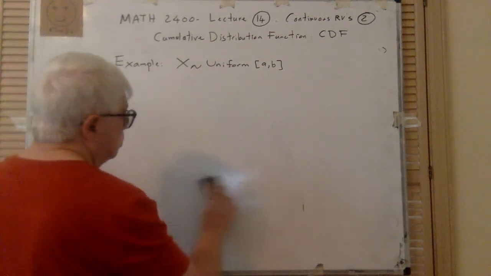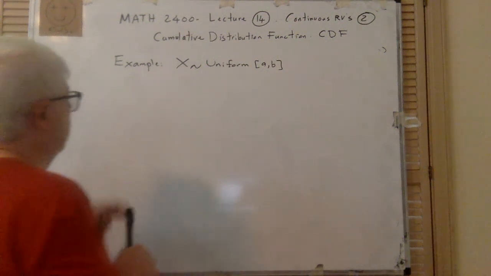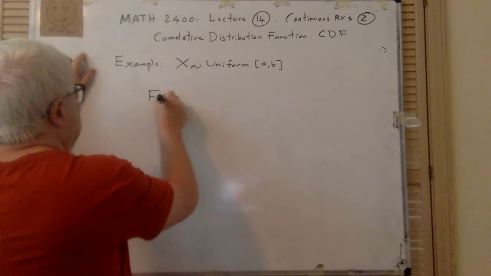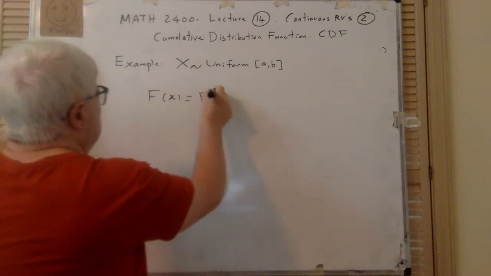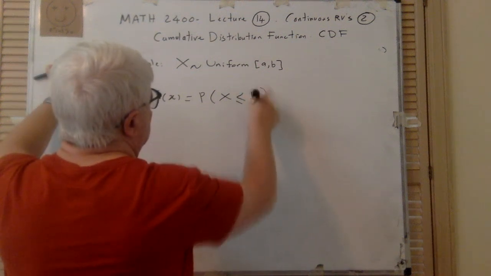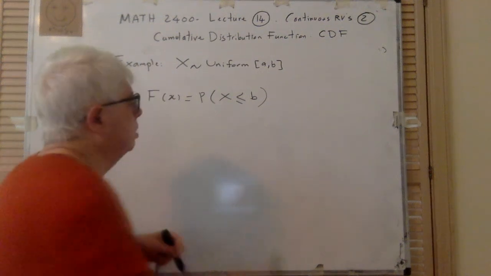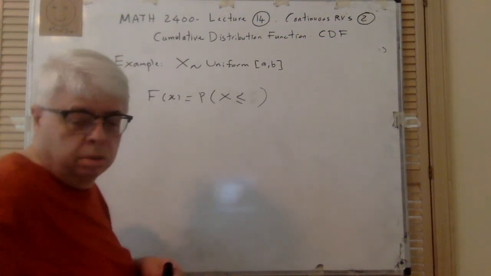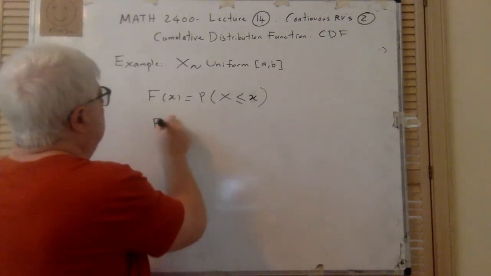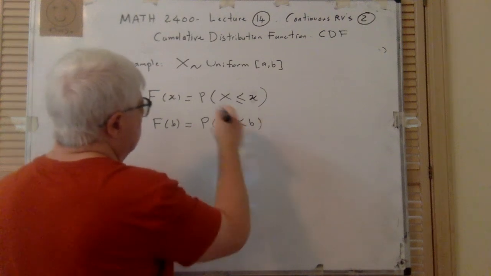Well, we said that F(x) is the probability that X is less than or equal to, say, b. Then F(b) definitely is P(X ≤ b), right?